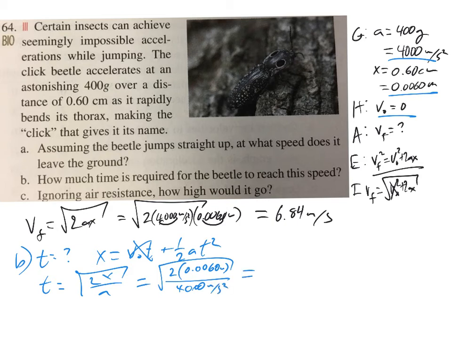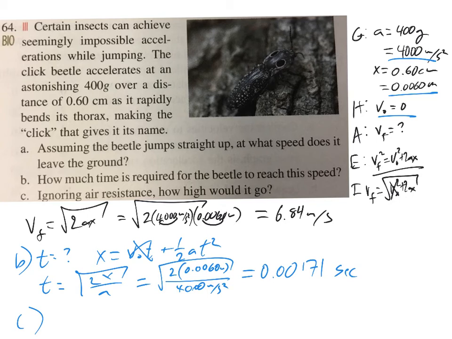And when you plug all that in, what do you get? You're going to get some really tiny number. 0.00171. Is that what you guys got? Seconds? Anyone? Okay, cool.